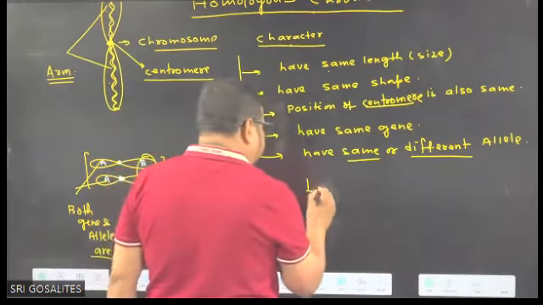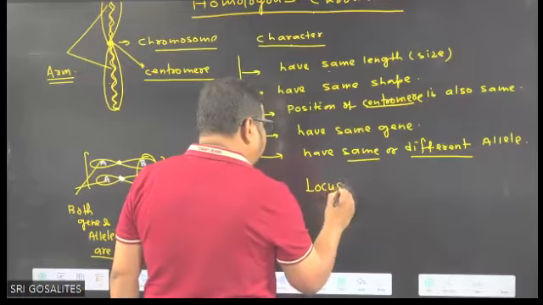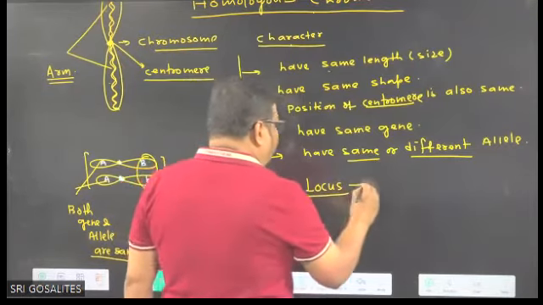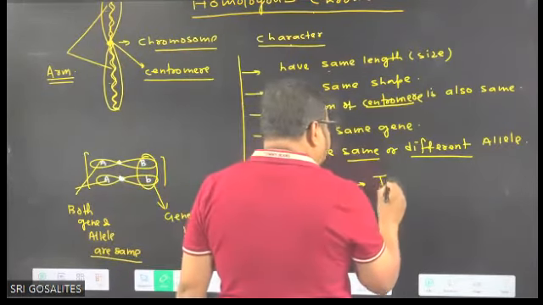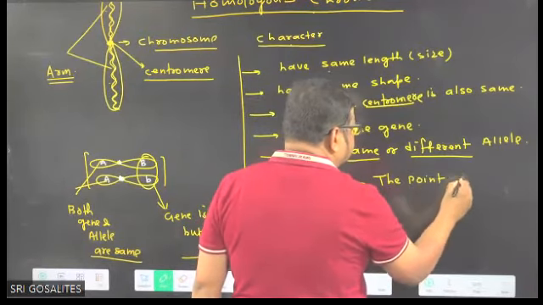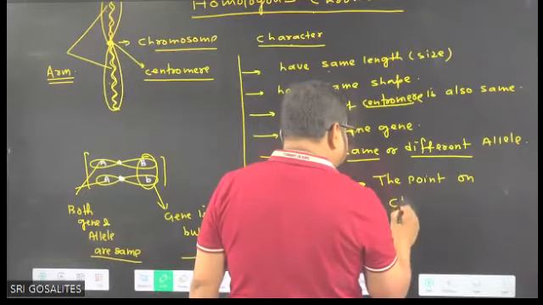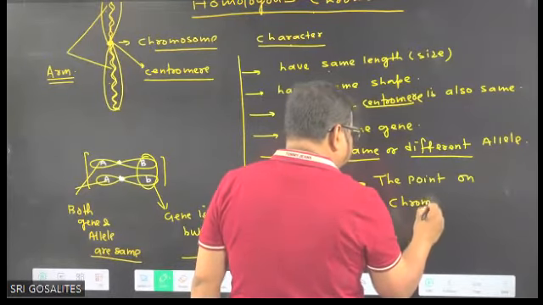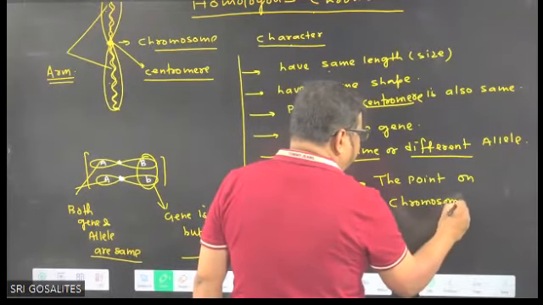Locus is another terminology. Locus is the point on a chromosome where a gene is present.